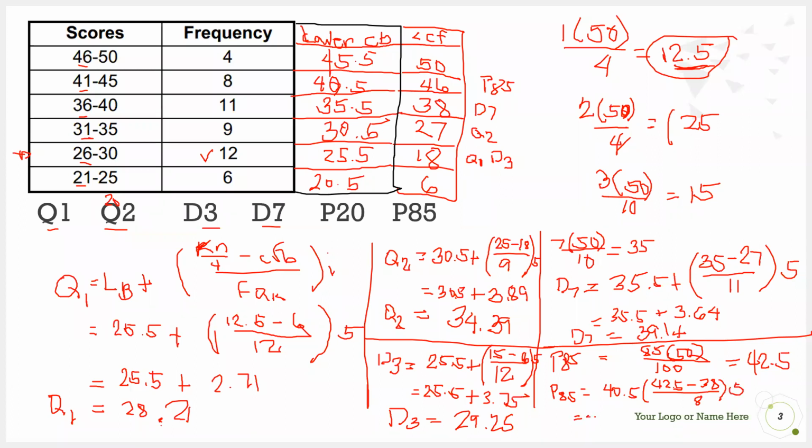So, that's 40.5 plus 42.5 minus 38. That's 4.5 divided by 8 times 5. So that is 2.81. That's correct. Then add lang natin 2.81 plus 40.5.